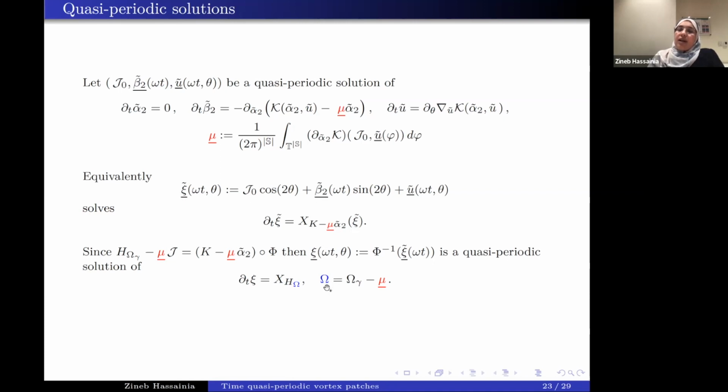So at this solution, we are not rotating with the Kirchhoff angular velocity, but it's an adjustment of it. We're close to it.